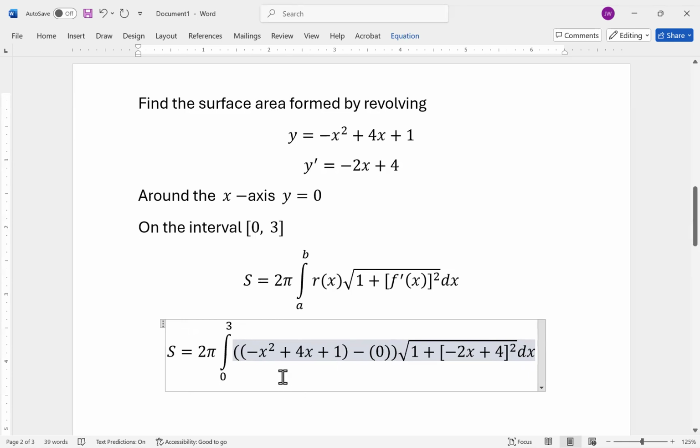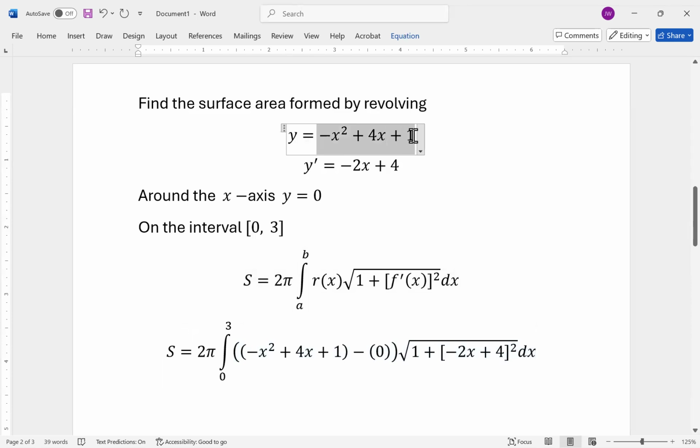Now, the reason I'm writing it this way is because I'm integrating with respect to x. Since I'm integrating with respect to x, my curve is going to be the expression, since that's using the variable x. Obviously, if I don't want to write the minus 0, I don't have to.